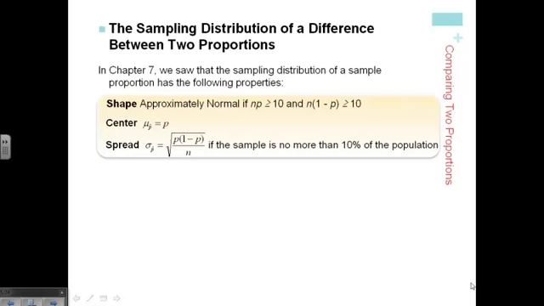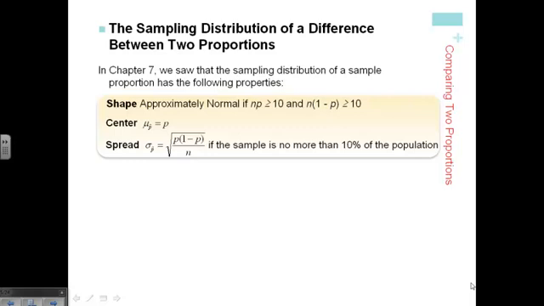One, that the center of the distribution of sample proportions, mu sub p hat, will itself be centered on the population proportion itself. We discussed through the binomial theorem that we can calculate the spread as measured by the standard deviation. The standard deviation of p hat is square root of pq over n.